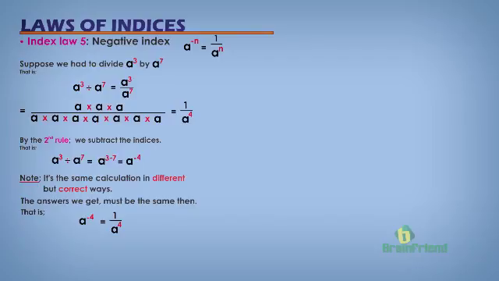The next law we'll be looking at is the negative index law. This law simply states that a quantity A raised to a negative power n is equal to 1 all over A raised to a positive power n.